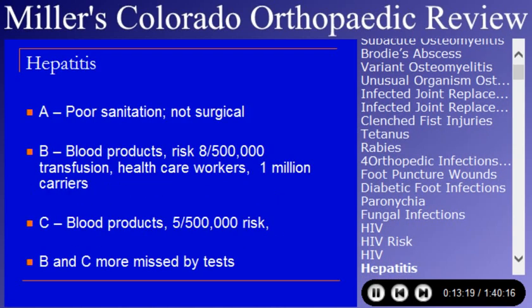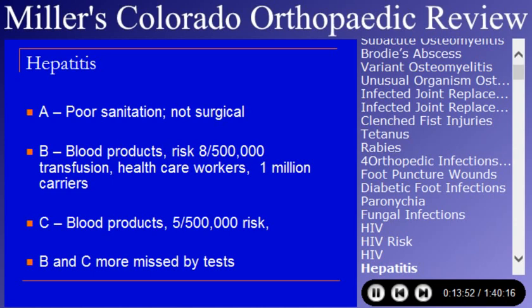Hepatitis, again, everybody should be aware of, and I haven't spent much effort on this. Hepatitis A is due to poor sanitation and is not generally a surgical problem. B and C, though, clearly are surgical problems. Bear in mind that healthcare workers can be carriers of hepatitis B. Testing is not as effective with hepatitis as it is with HIV at this point.